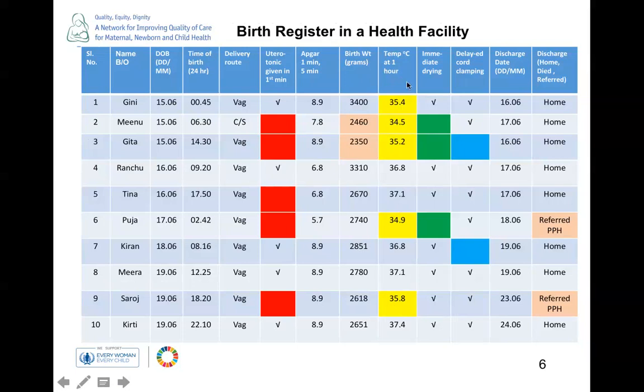Look at immediate drying in the green box here. Nearly 70% of the babies are getting dried at the time of birth, and it is lacking in 30% of the babies. Similarly, if you look at difficult problems which are not under our control, like low birth weight, is happening in 2 out of 10, that means 20%. And in 2 out of 10, there was postpartum hemorrhage which is reported.